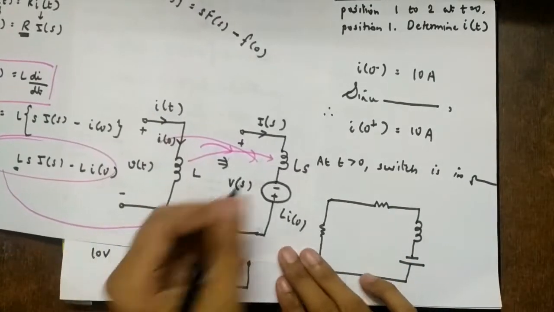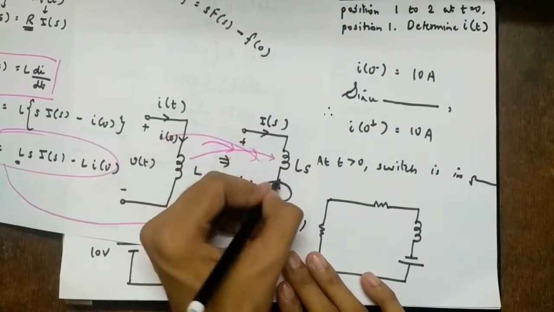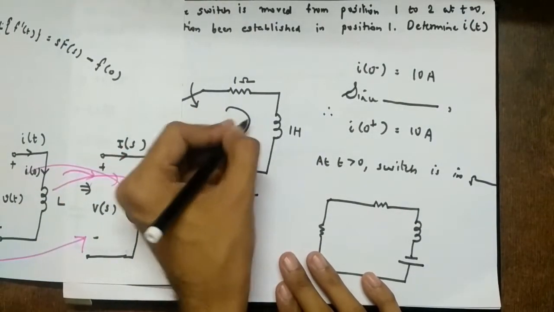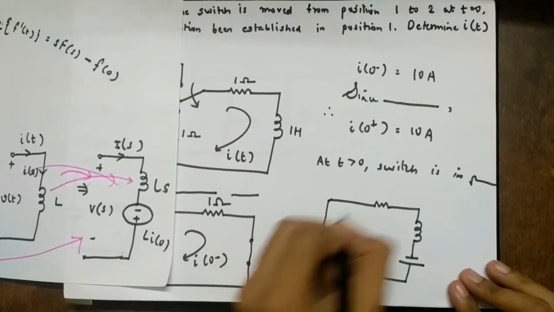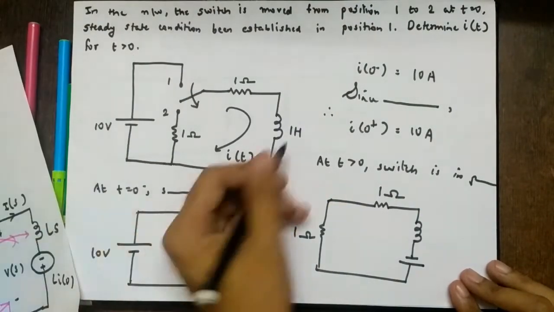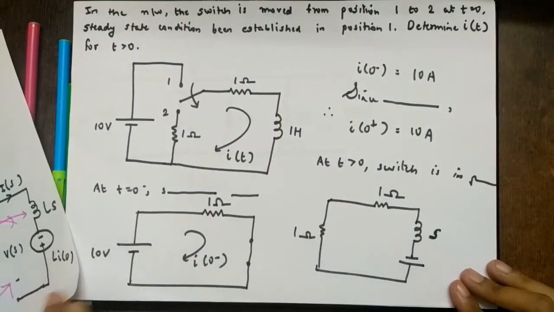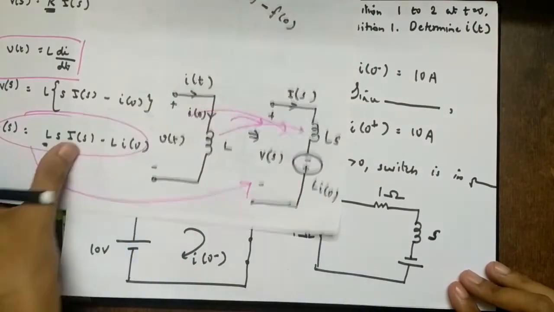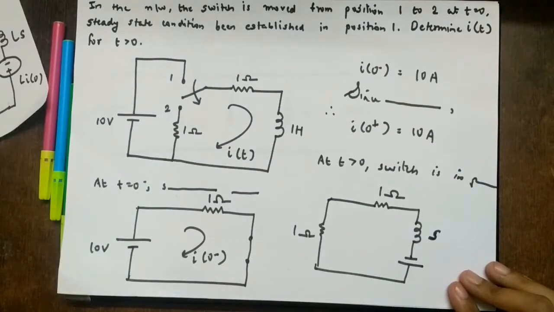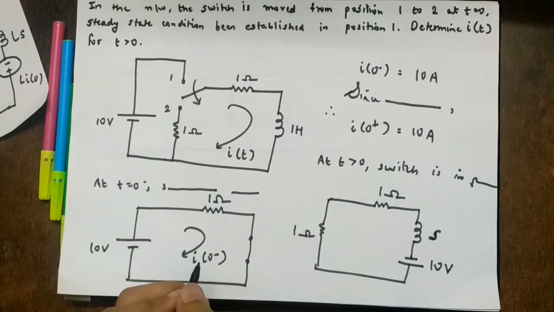From this inductor and voltage source, plus is downwards. If current is flowing downwards, remember, in the clockwise direction, it is in the same direction. What is the value of the inductor? L into S. What is L? 1. So this will be S. What is this source? L into I of 0. What is I of 0? 10. L is 1. So this will be 10 volts. Right? So this is the way you have to derive the circuit.